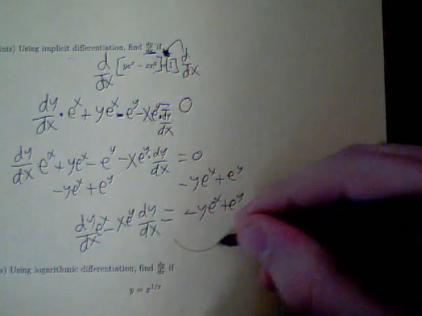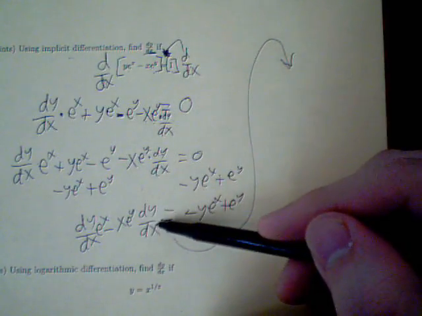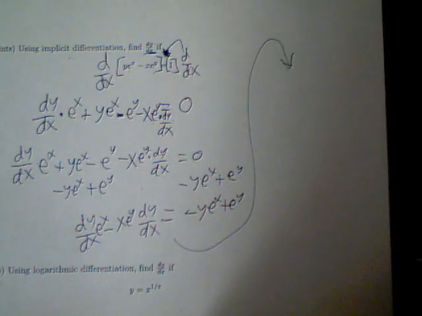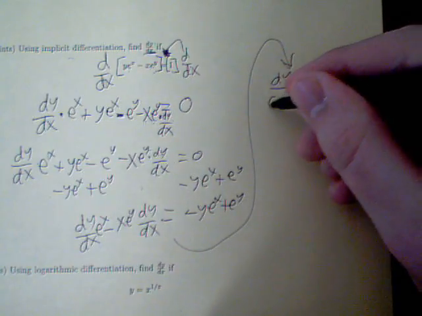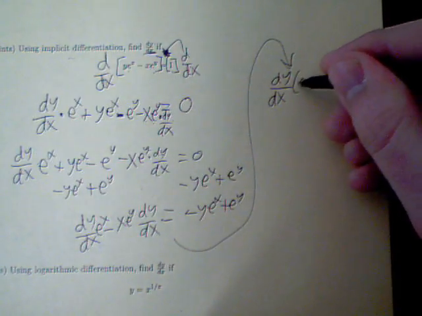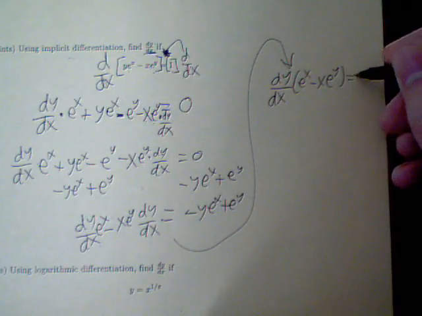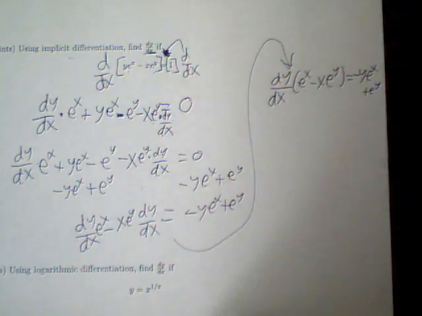Now to solve this, I want dy/dx by itself. I've got two terms with dy/dx in them. How do I get just one term? I can factor it out. I apologize for running out of space.